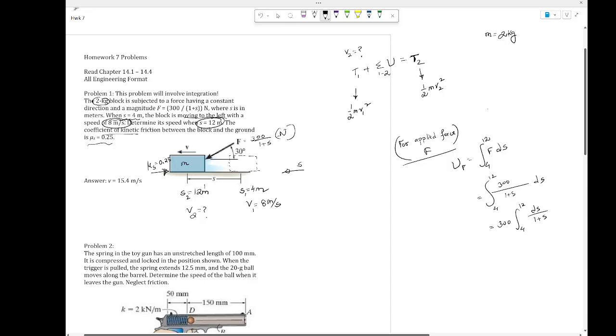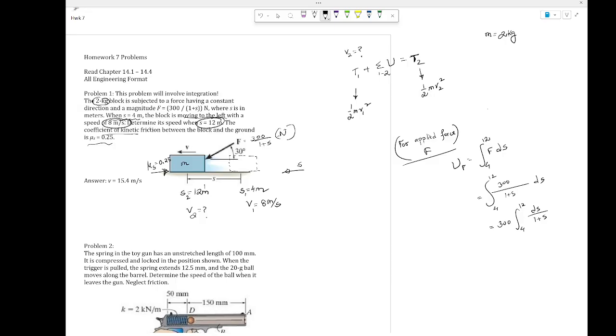Because you can assume this 1 plus s as some third variable, say x equal to 1 plus s. Then you take the derivative on both sides, and you get ds equal to dx. Does it make sense? Then you do the integration, and it becomes log of x. And now you know what x is. There it is. You got it?